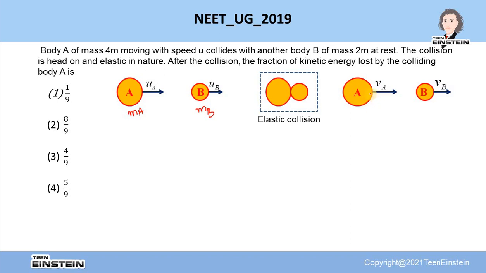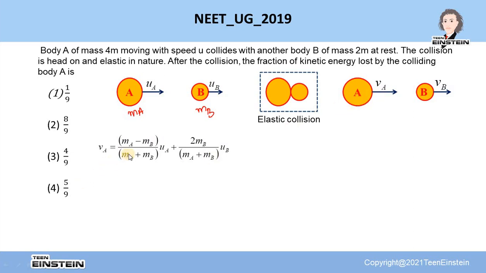Now if we apply linear momentum conservation before and after collision, and the conservation of kinetic energy for elastic collision before and after the collision, then we will be able to reach this equation, which will provide you the velocity of the object A after the collision.